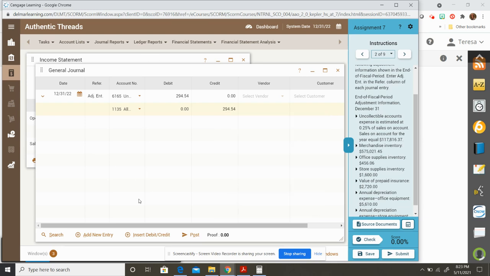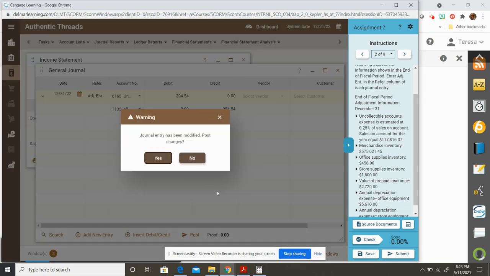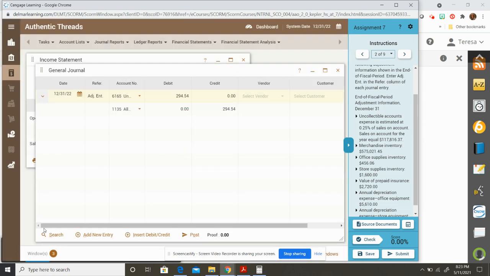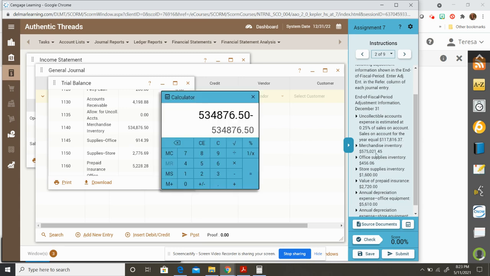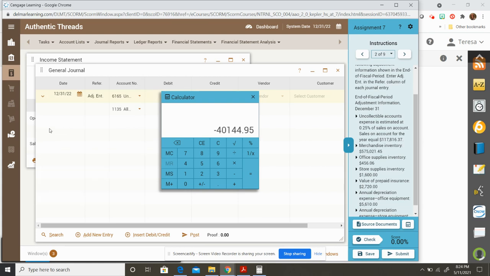Now what I need to do is pull up the trial balance. And I want to look at my main balance on January 31st that I added to merchandise inventory. I'm going to go ahead and do that, and my difference is 95 cents. I'm going to disregard that negative sign there, but because I added a debit, this one is a credit, I'm going to let you go look and figure that one out.